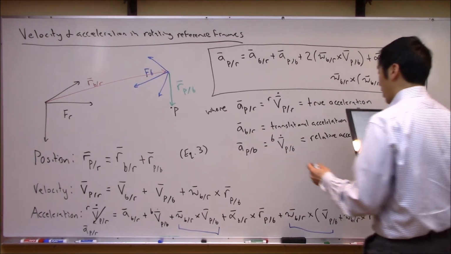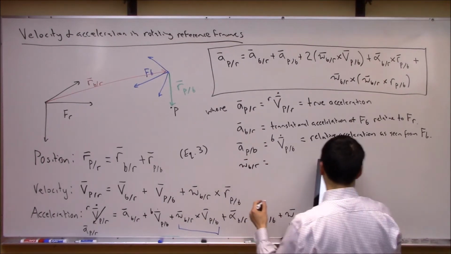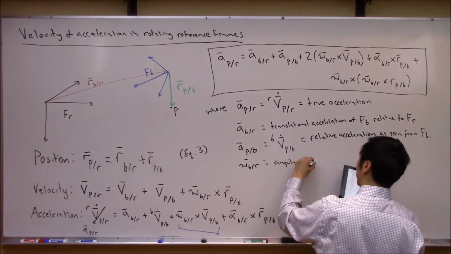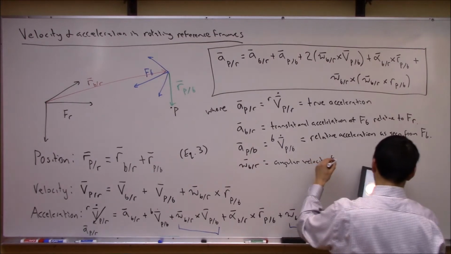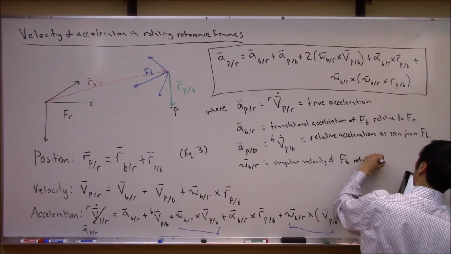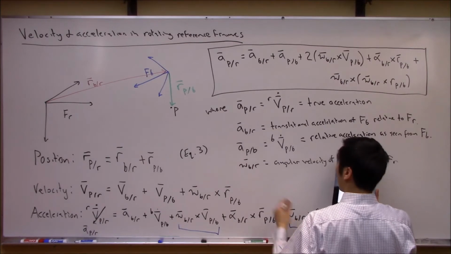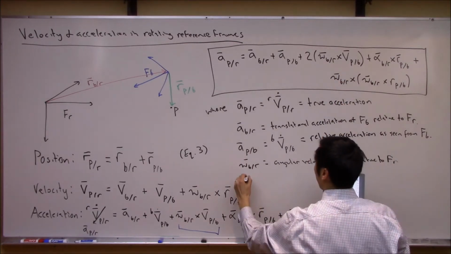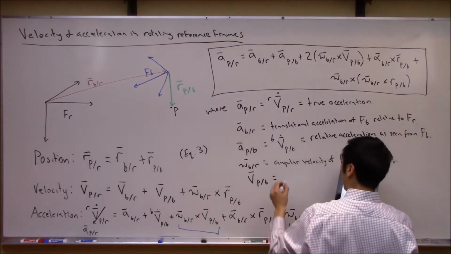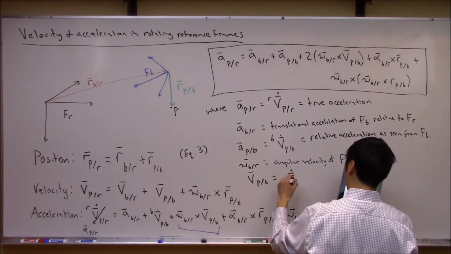Okay, and then we have omega B with respect to R. This was our typical angular velocity vector, so it's the angular velocity of FB relative to FR. What other expressions have we got in there? We had this term, V_P with respect to B. We said this was our shorthand notation, so we didn't have to keep writing this.